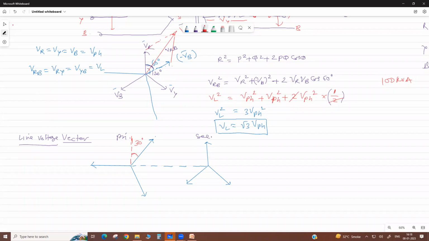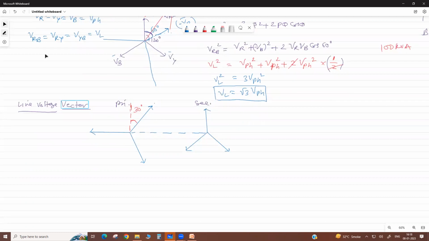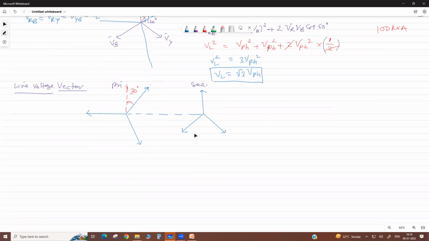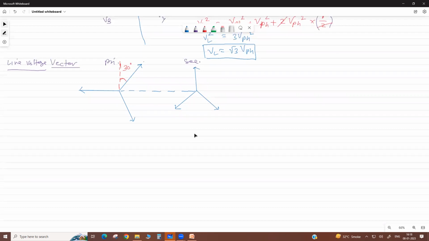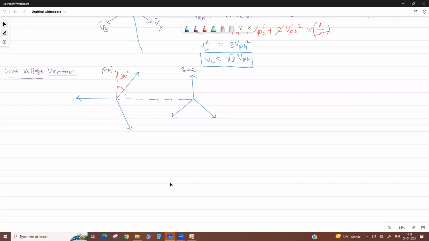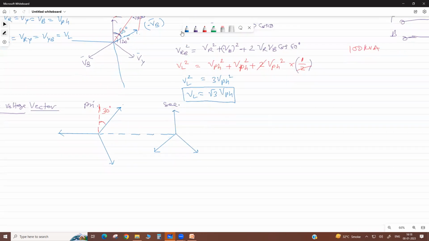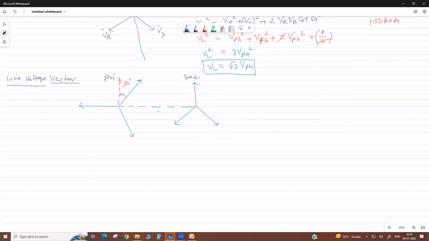So there is a phase difference in primary and secondary line voltages. Correct? Generally, actually, your transformer is star-delta.